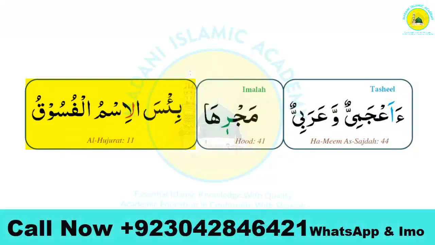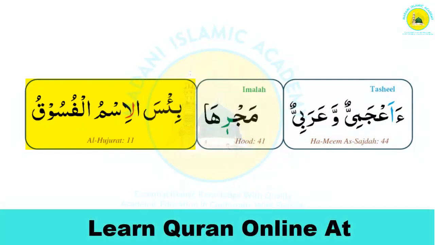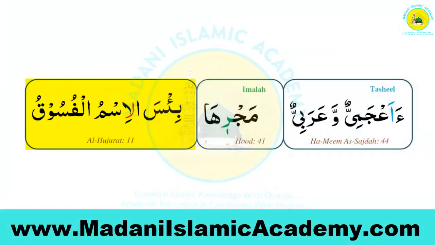So how are we going to read? We are going to read the lam with the zair joined with the seen. Bi'sa lismul fusuqu. Once more. Bi'sa lismul fusuqu. Let's repeat these 3 words again.